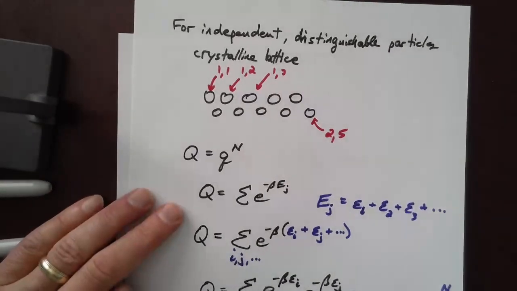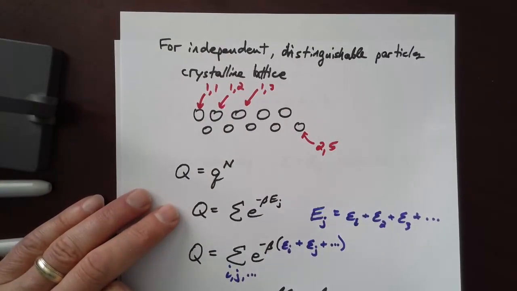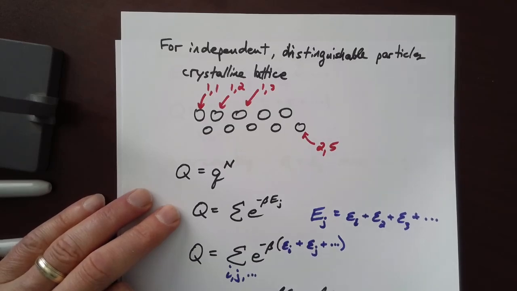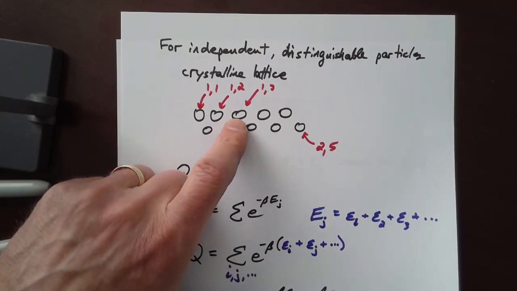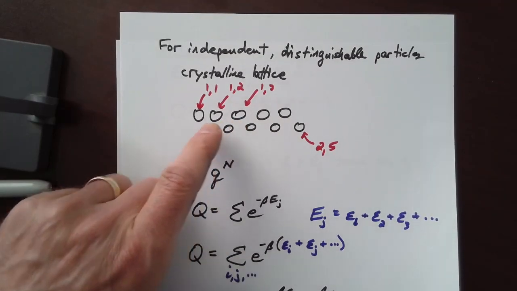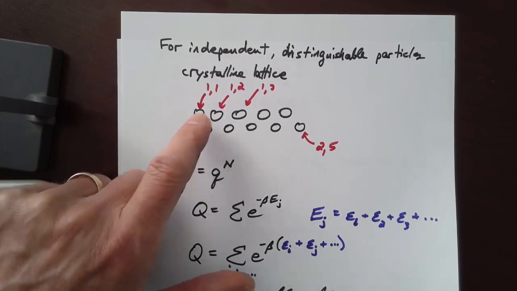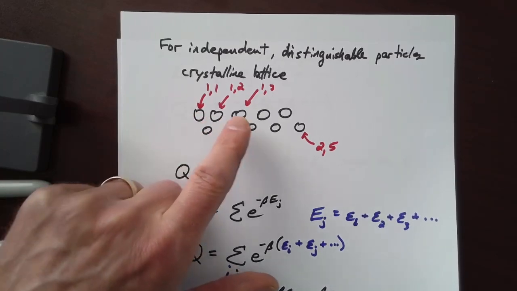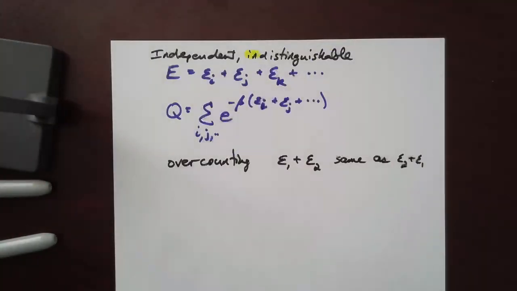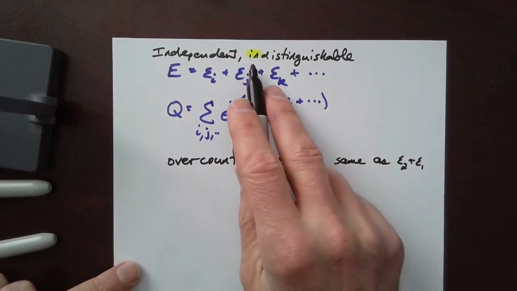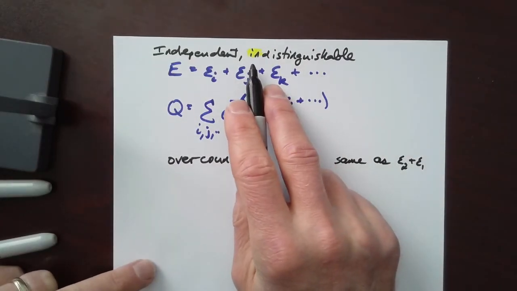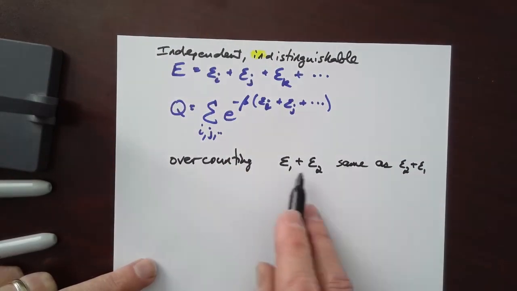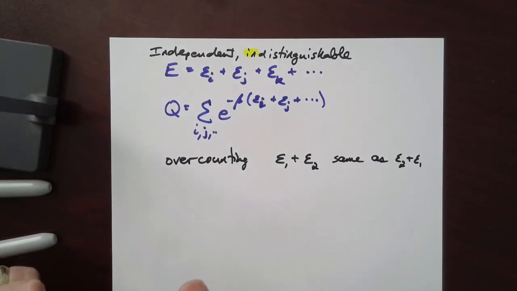Why is it not a problem for independent distinguishable particles? Well, because the particles are distinguishable. So there is no overcounting. If this one has energy state 2 and this one has energy state 1, that's different than this one having energy state 2 and that one having energy state 1, because they're in different locations. But these are indistinguishable particles. So that means that these represent the same state.